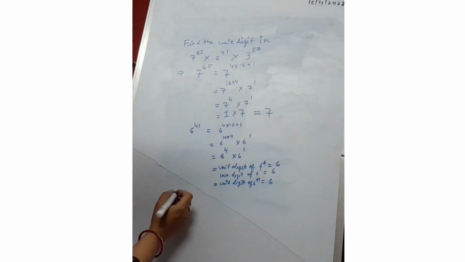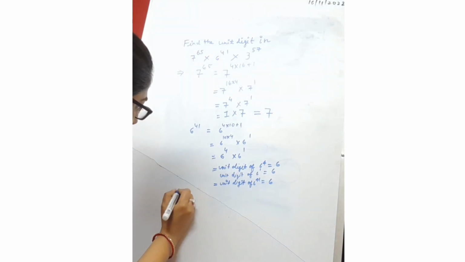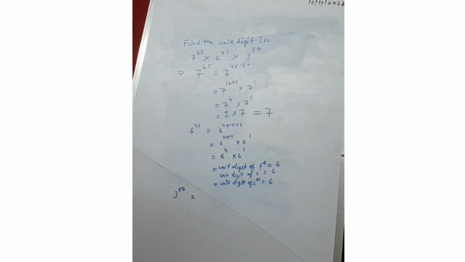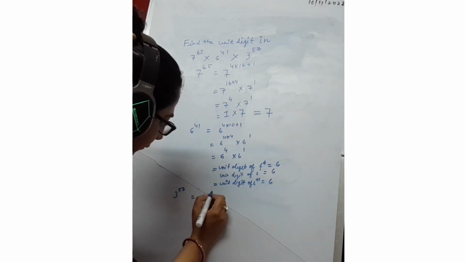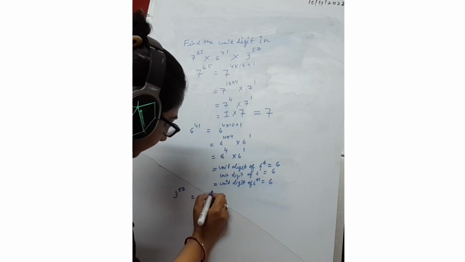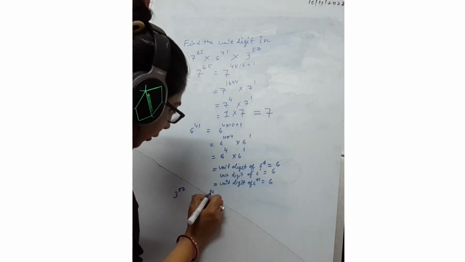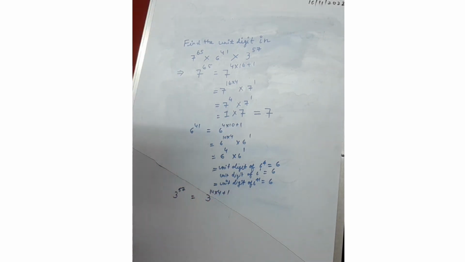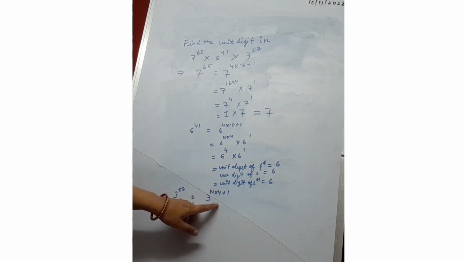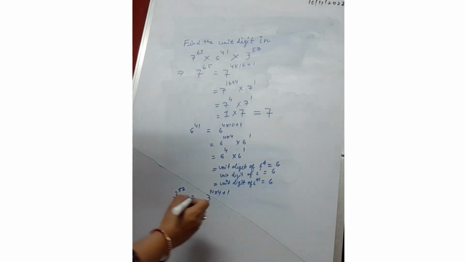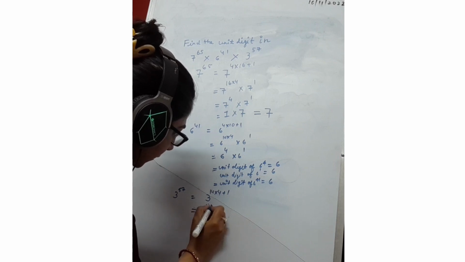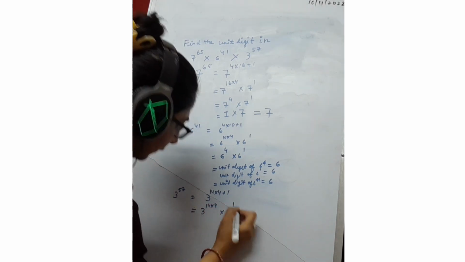Likewise, we have to do the next sum, 3 to the power 57. Here also 4 into 14 is 56, plus 1. So now we distribute it: 3 to the power 4 into 14, times 3 to the power 1.